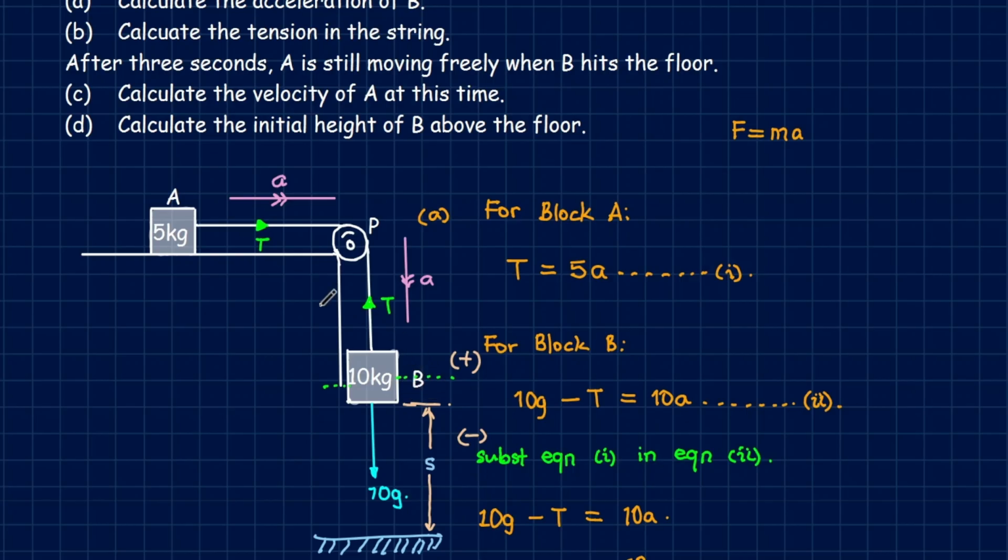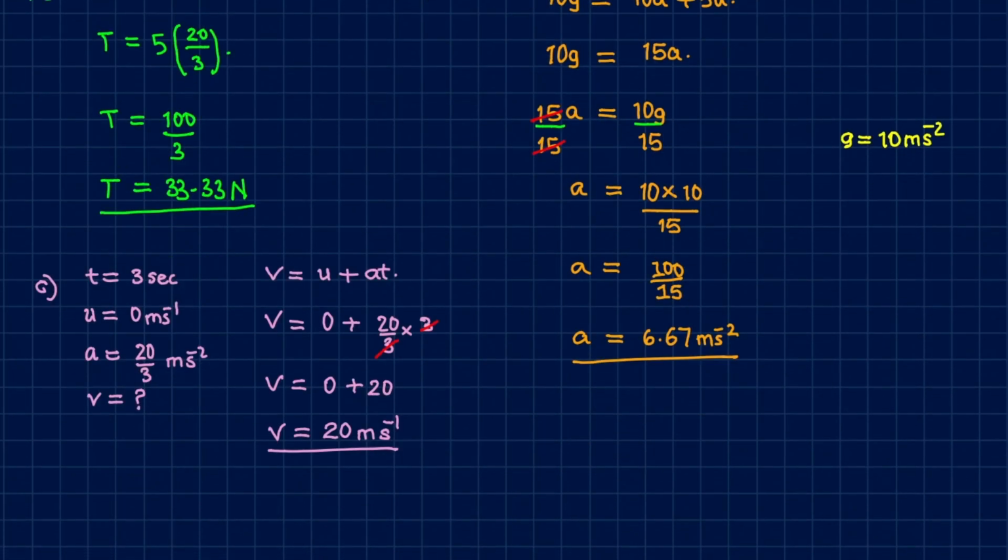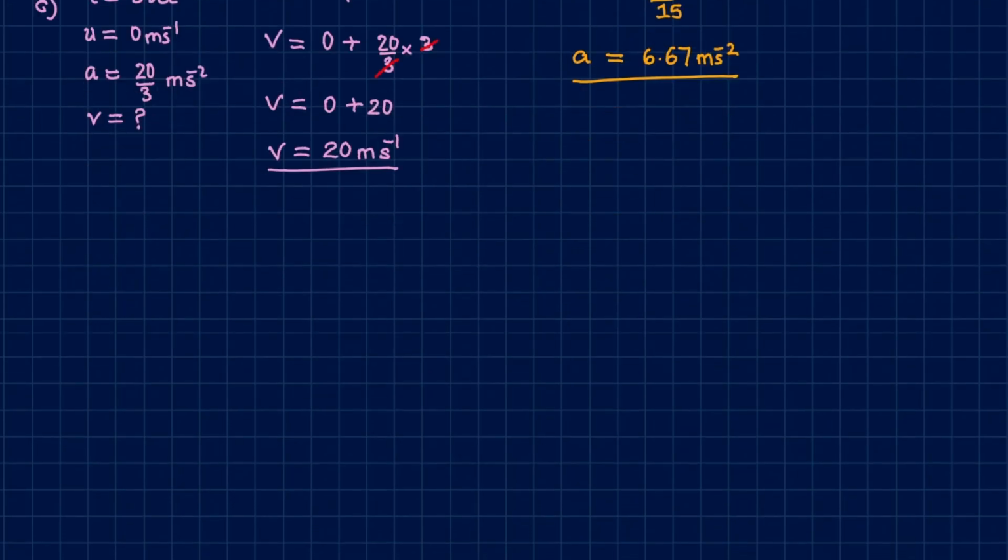Remember, the acceleration at which these bodies are moving is the same, and the final velocity of body A, which I've just gotten to be 20, is the initial velocity for body B to start moving down. So on hitting the ground, the final velocity is 0. Let's collect this data, and we get the answer for that height.